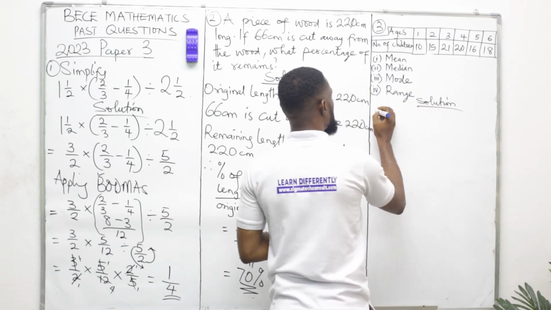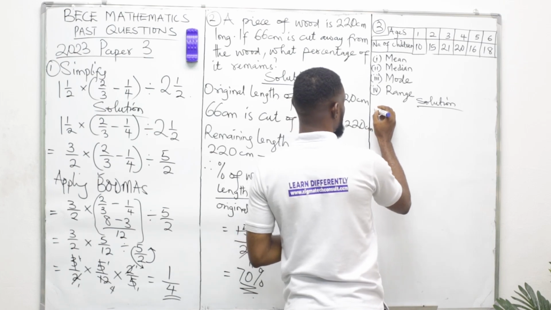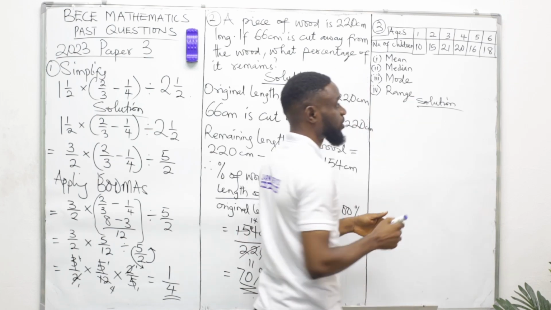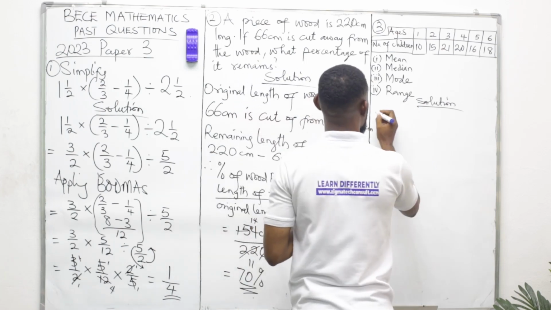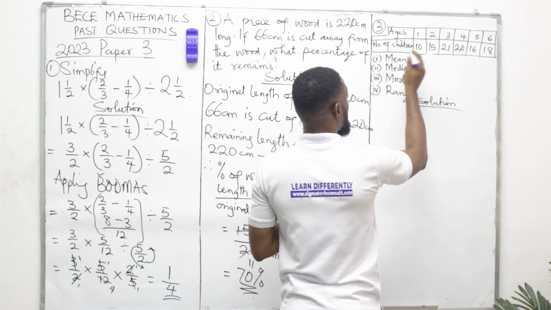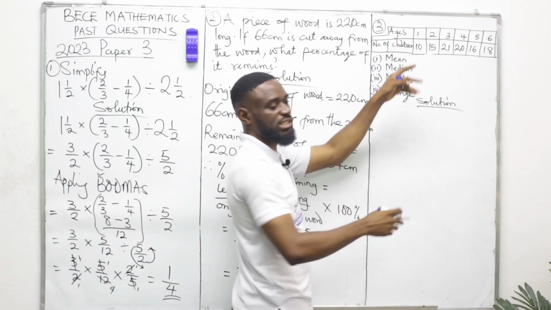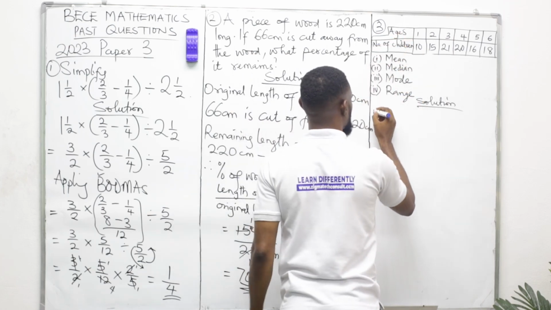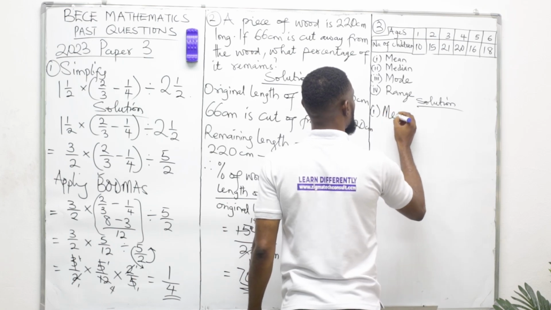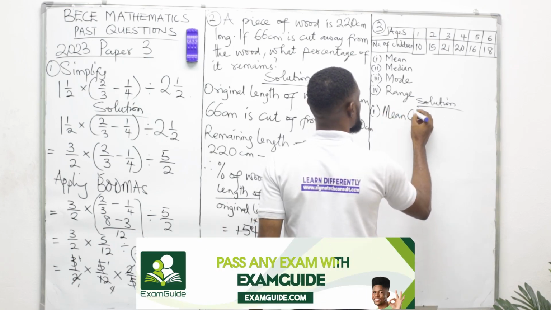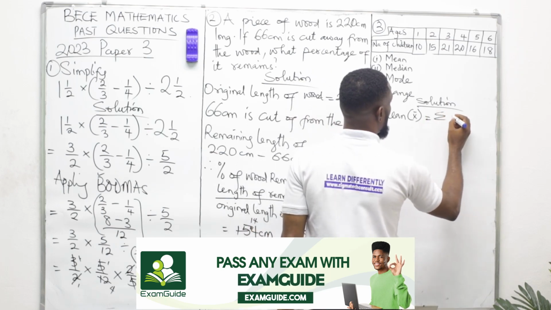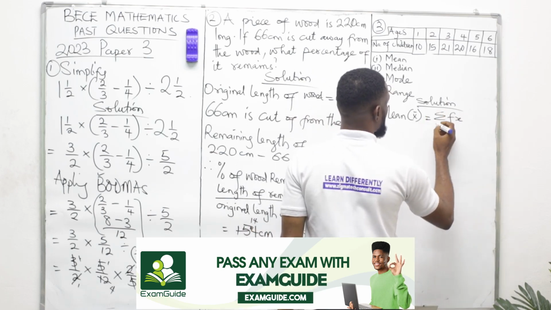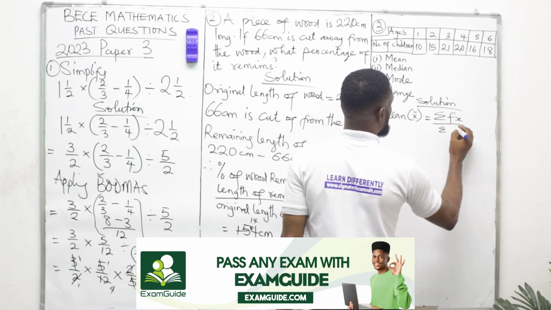The first one is mean. Or the first thing we have to do, because everything we'll do here, we'll have to refer to that place. Now for data that is given to us in a table like this, mean x̄ is equal to the summation of fx divided by the summation of f.